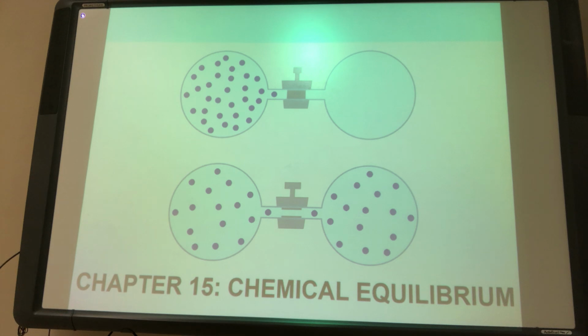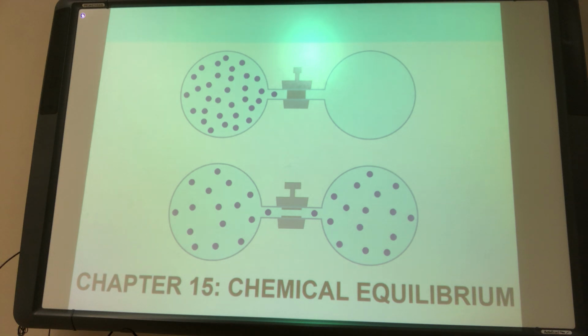In our picture at the top, we've got a gas that's closed in. If I open the stopper, the gas is going to diffuse so that it has the same concentration on both sides. We've already talked about that a little bit.